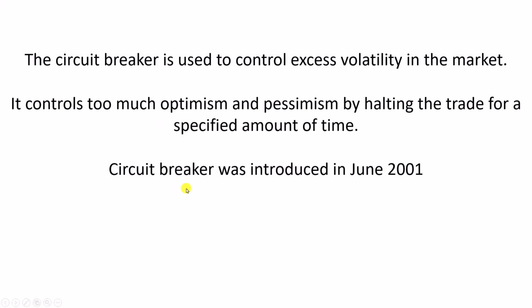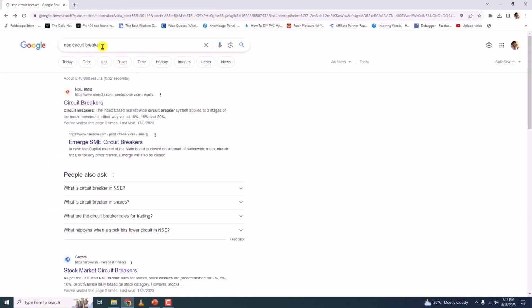Alright, now let me go to my desktop and take you to the NSE website to show you the details of circuit breaker. Alright, so I am in Google and here I have typed NSE circuit breaker. I'll go to this first result, which is by nseindia.com.